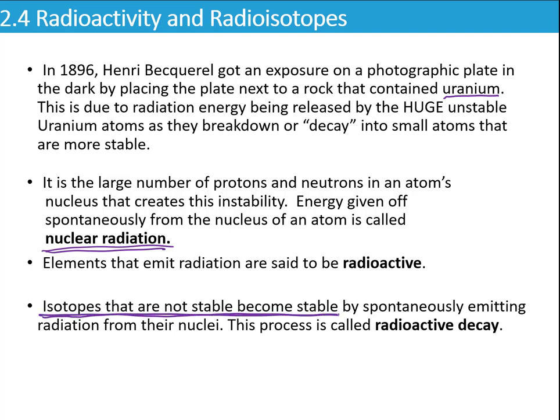Isotopes that are not stable become stable by breaking down. When they break down, they release this energy, and this they call radioactive decay. Decay, I always think of things decaying meaning they're breaking apart. So you can think, this element is not stable. If it can break down, it becomes more stable. When it breaks down, it releases energy.